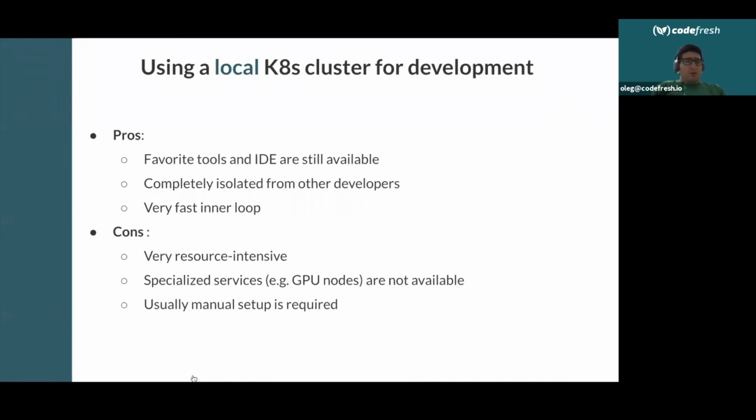The cons: it's resource intensive. Sometimes you cannot mimic some infrastructure aspects, and usually you manually set up your environment because it's isolated from CI or any automated central system in your organization.